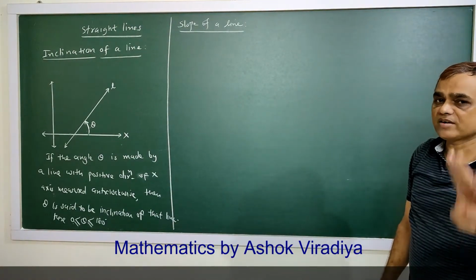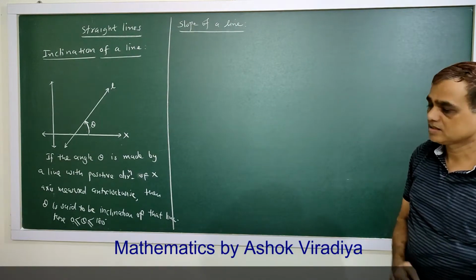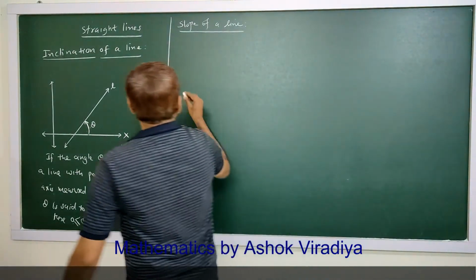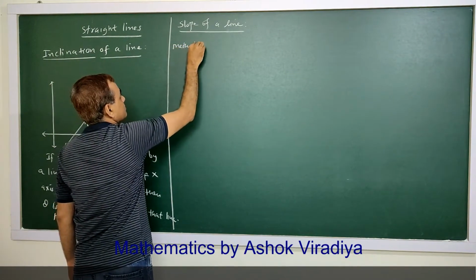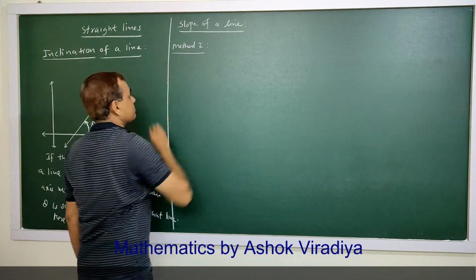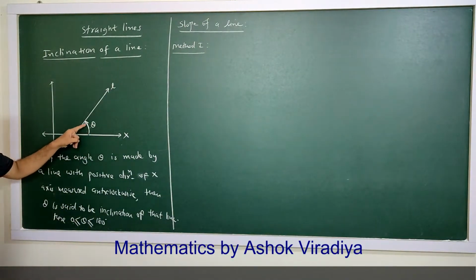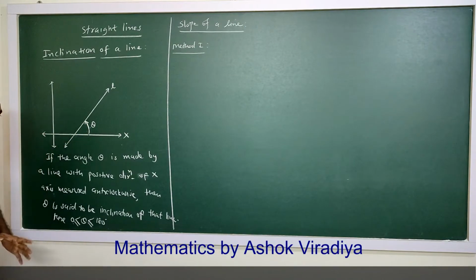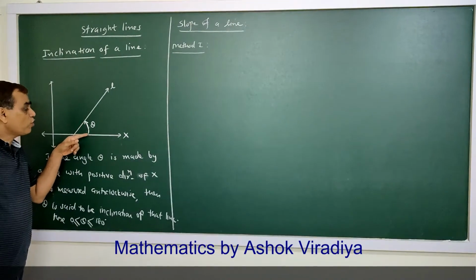See, there are three methods to find the slope of a line. The first method is method 1. If theta is the inclination of a line, then slope is equal to the tangent value of this angle.